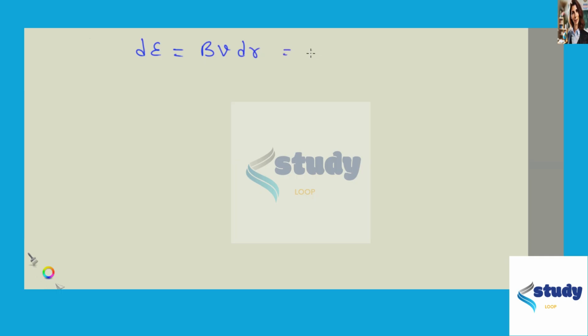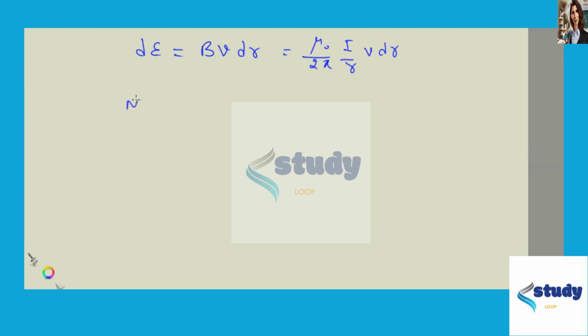So it becomes mu naught by 2 pi into I by r into v into dr.